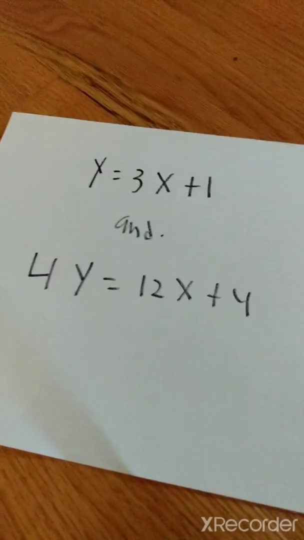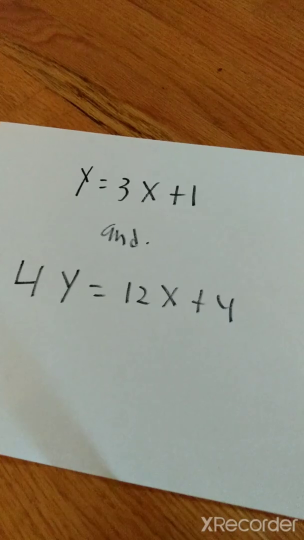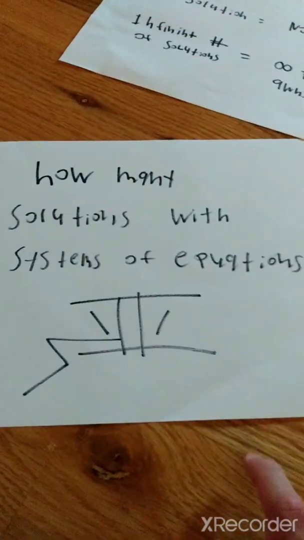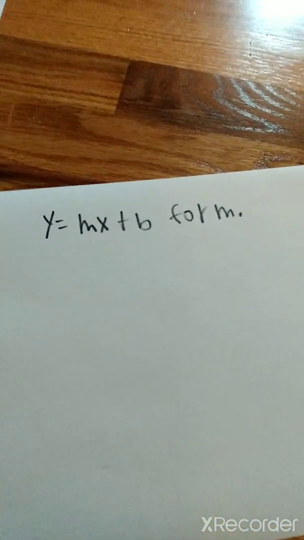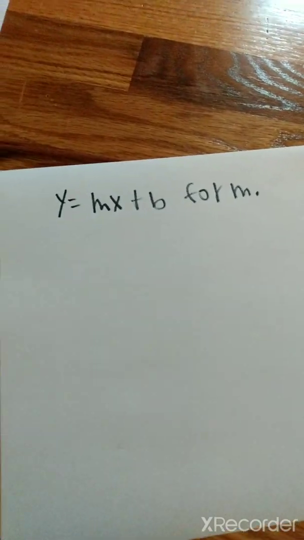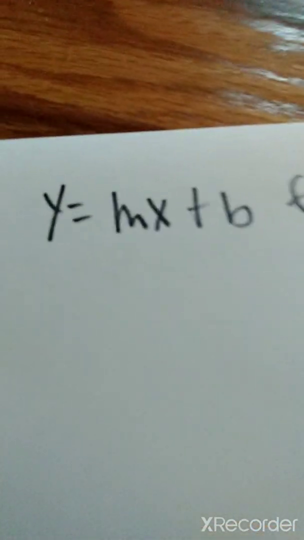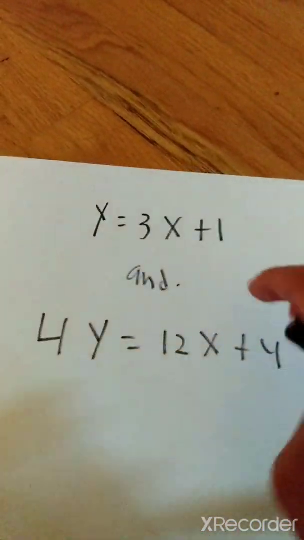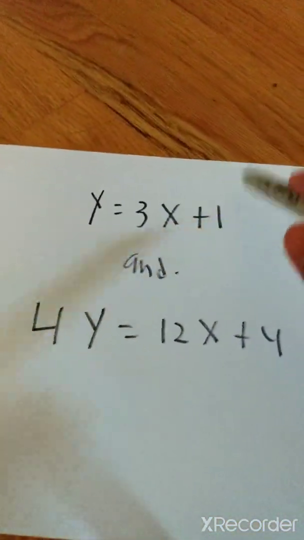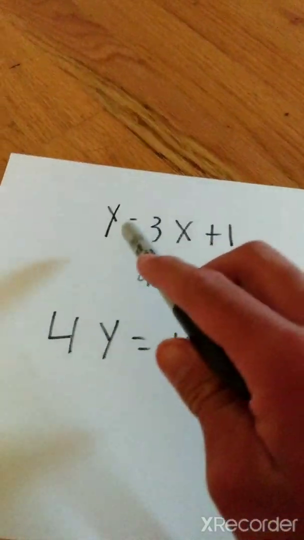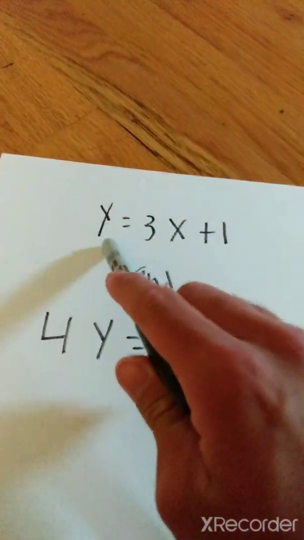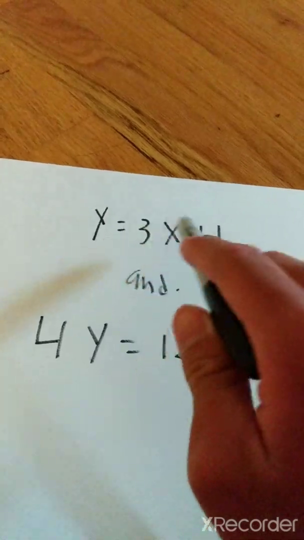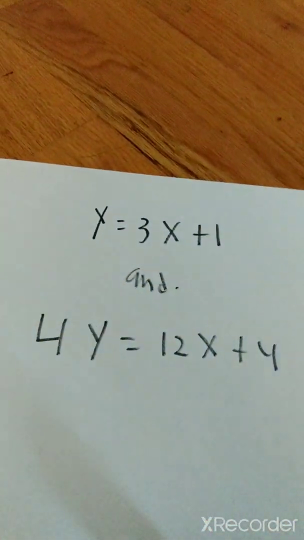When we are trying to solve these kinds of problems, what we're going to be trying to do is turn them into y equals mx plus b form. We're going to isolate that y and have it be alone. With the two equations right here, the top one we don't have to deal with because the y is already isolated and it's in y equals mx plus b form.